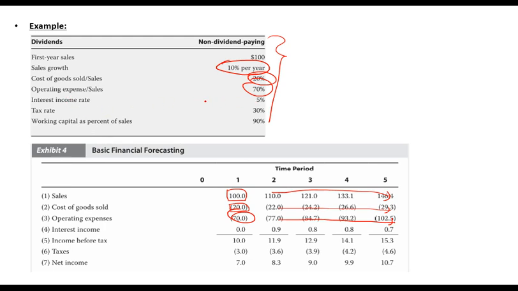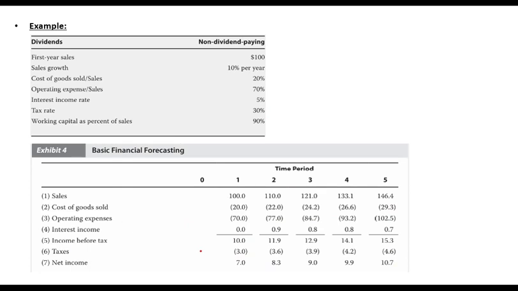Income tax, you have the tax rate, and based on that you can forecast future taxes. You have the interest income rate, based on this rate you can forecast future interest income, and so on, and you can forecast future net income. So that means financial statement analysis can help you with forecasting future financial statements.